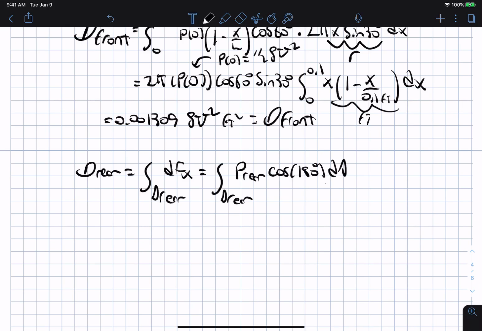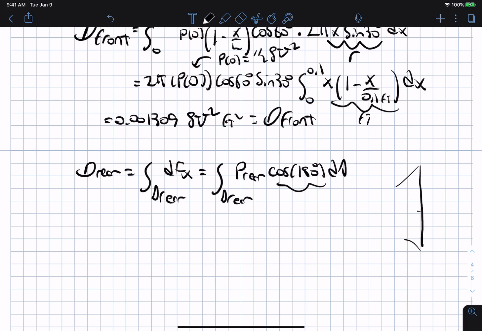The reason the angle here is 180 degrees is that this is the rear surface of the cone.